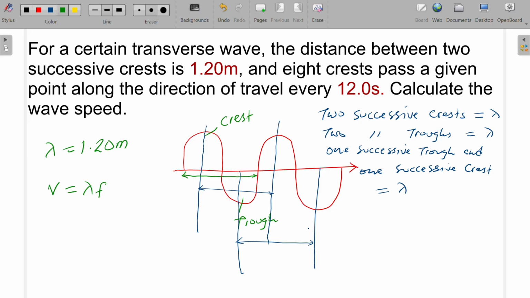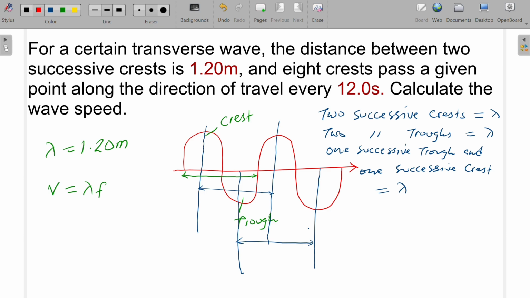Now, how do we find the frequency? Frequency is defined as the number of cycles per unit time. It can be the number of crests per unit time, or the number of troughs per unit time. That will still give you frequency. In this case, we are talking about crests passing in a certain direction per unit time.